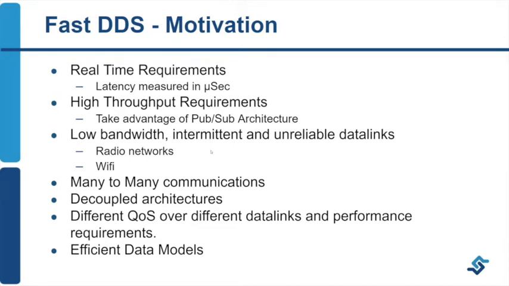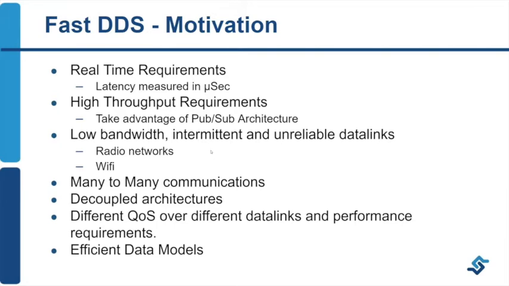When you have low bandwidth requirements, for example, you have Wi-Fi or radio networks, when you have many-to-many communications, a decoupled architecture, and you need different quality of service for different data links, and also when you need efficient data models, because in DDS the middleware knows about the data model.